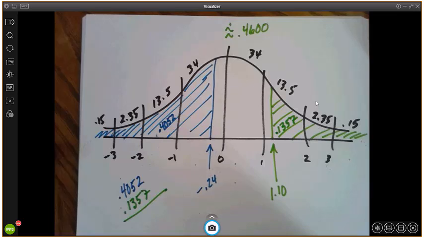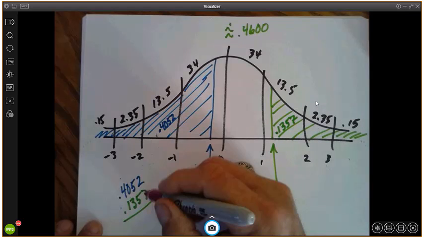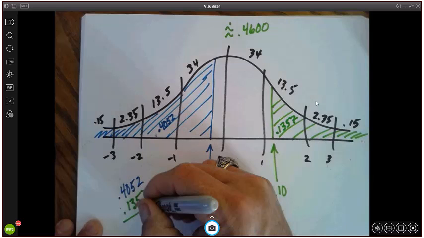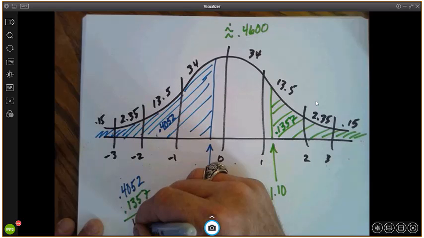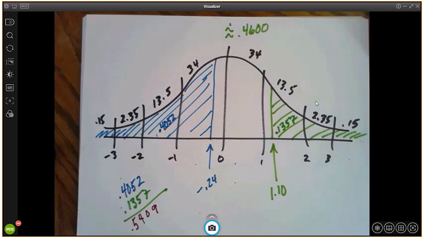Let's use something different. Purple. 0.5409. So I was off a little bit.